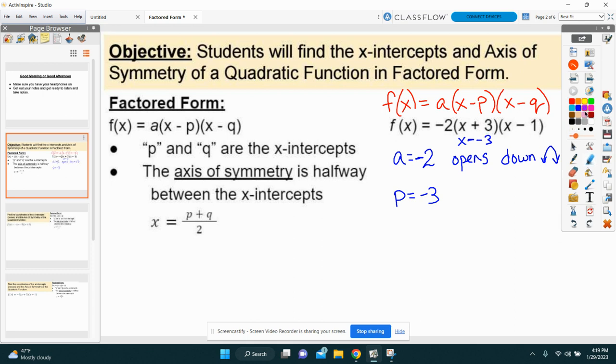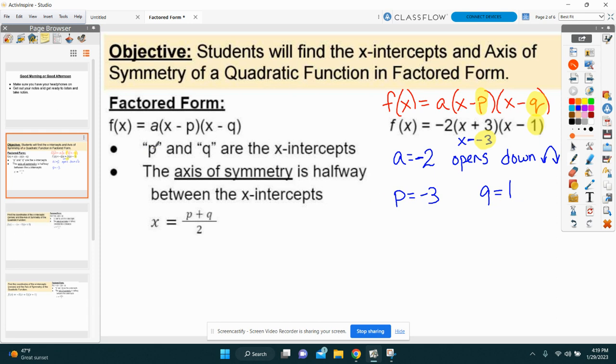Let me just highlight that for you. And then our Q, the x minus is already there, so that makes it easy. Q is just 1.